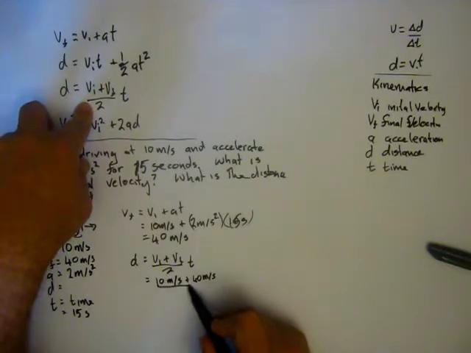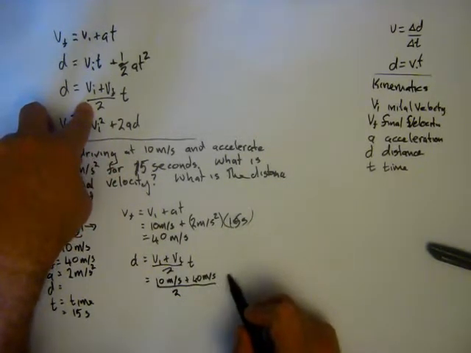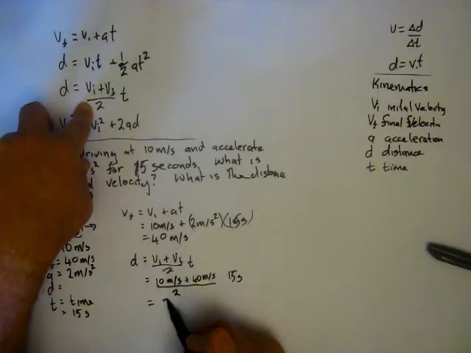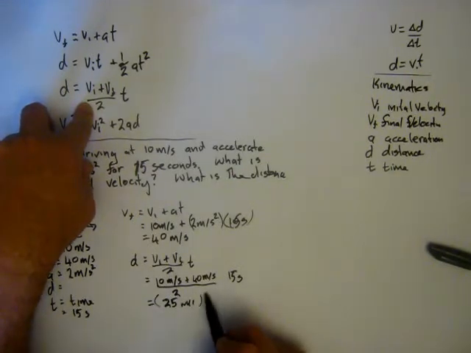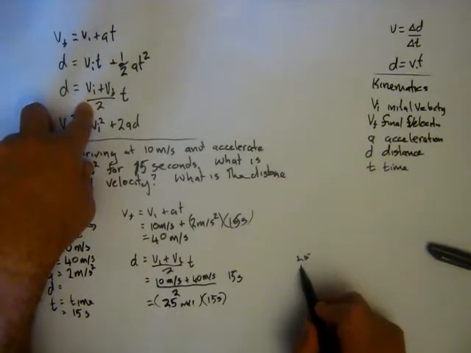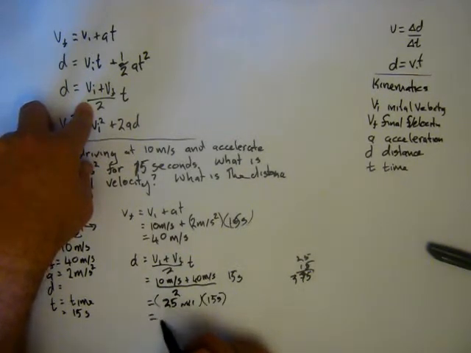Divide that by 2, so 25 meters per second times 15 seconds. 25 times 15 equals 375 meters.